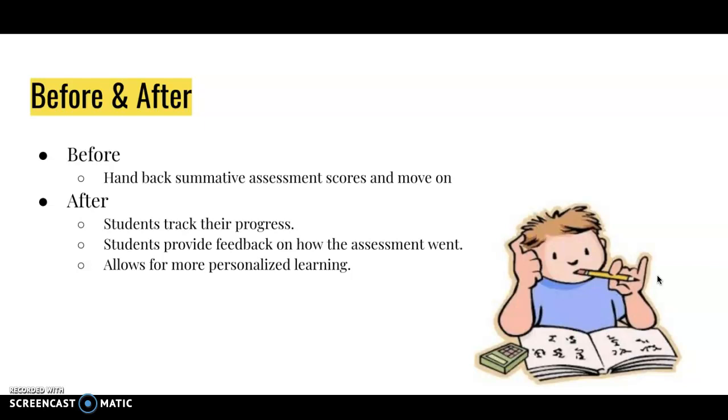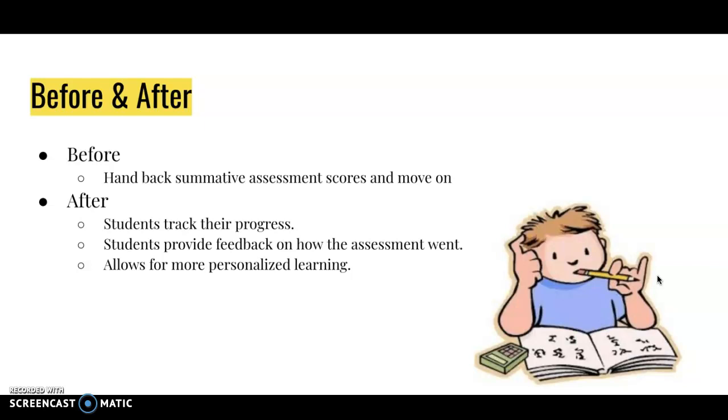So now what I do afterwards is a corrections and feedback form that I ask them to fill out, which allows students to track their progress. Students are able to provide feedback on how the assessment went, which they weren't previously able to do, and it allows for more personalized learning.